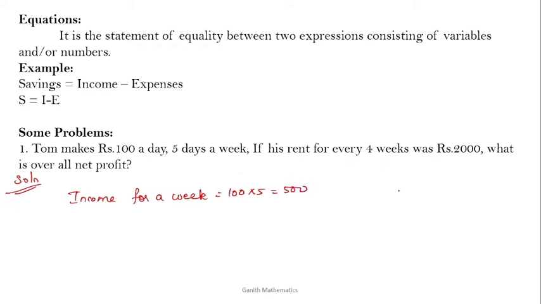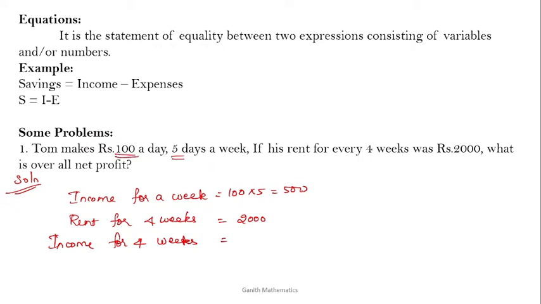If his rent for every 4 weeks was rupees 2000, and he paid 2000 after his earnings, what will be his profit? They are asking this question. So we have to find the income for 4 weeks. They have given that he is earning 100 per day and he is working 5 days a week.